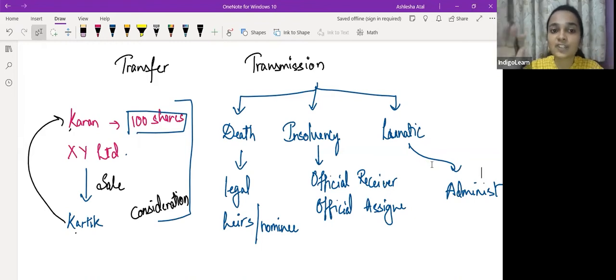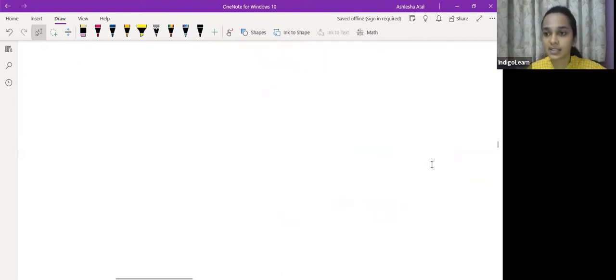Now, what does Section 56 say about transfer and transmission of shares? Let's understand. Whenever you are transferring shares, you have some shares in a company and you are transferring them, so two parties are involved.